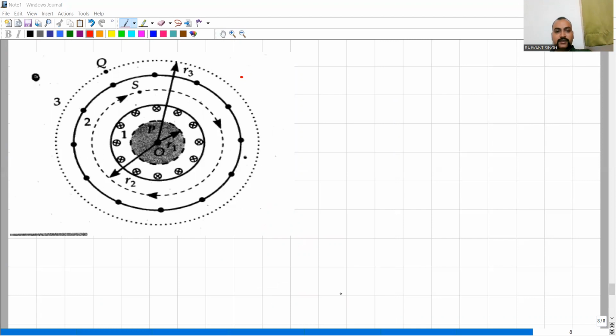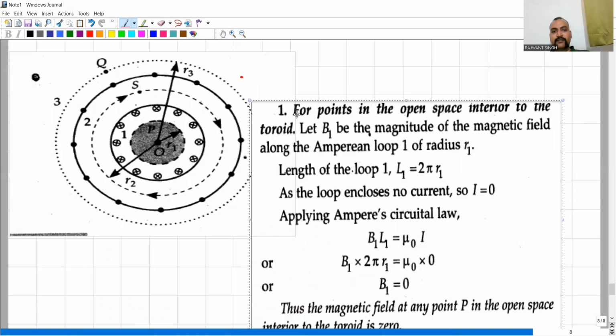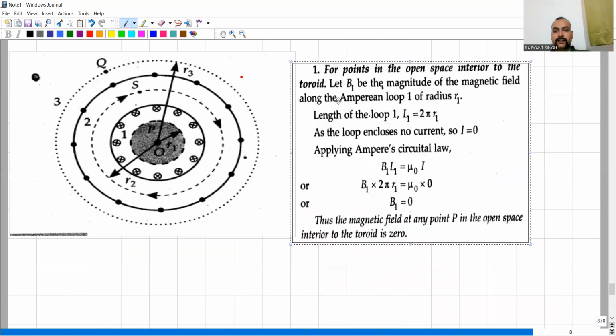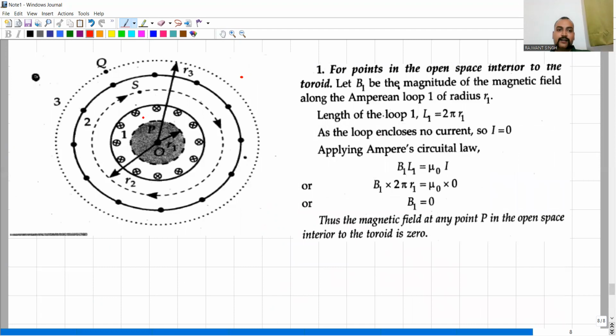Now, for the first loop, the loop that is inside, you will see that this loop is effectively not enclosing any current. Look here again. This is your loop, and the current is like this.